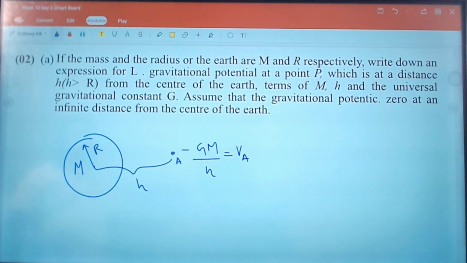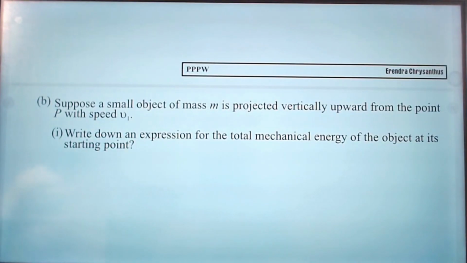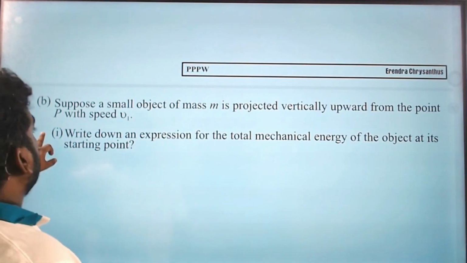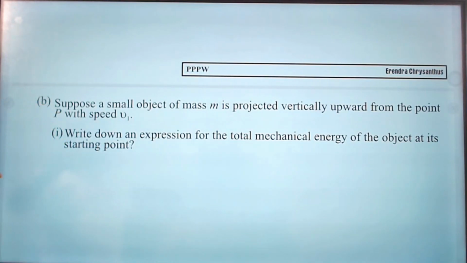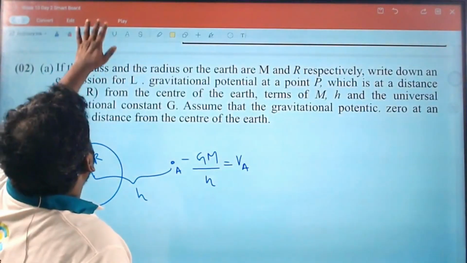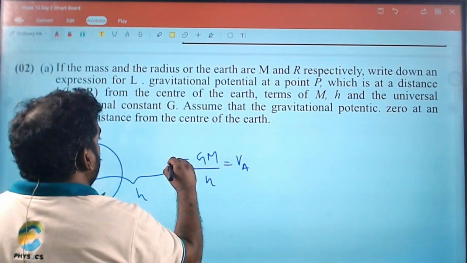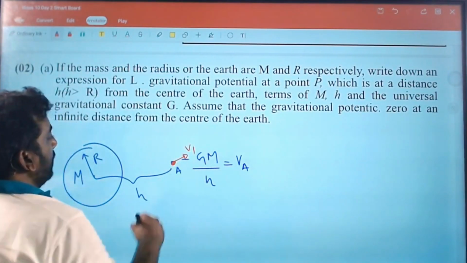Right, now. Suppose a small object of mass m is projected vertically upwards from the point with a velocity v1. Write an expression for the total mechanical energy starting there. So here somebody projects it with a velocity v1.